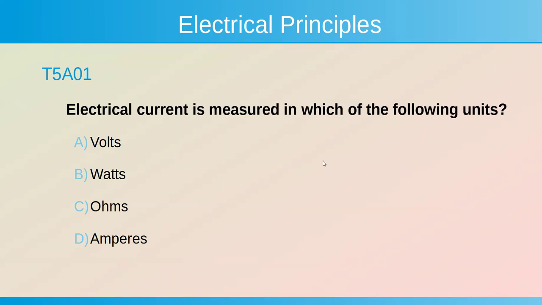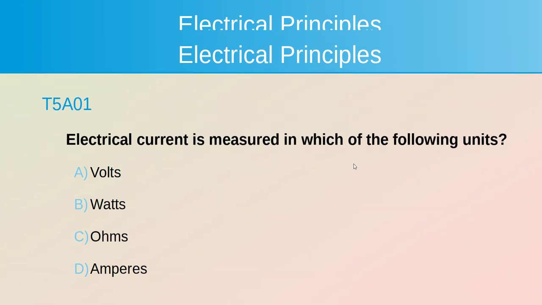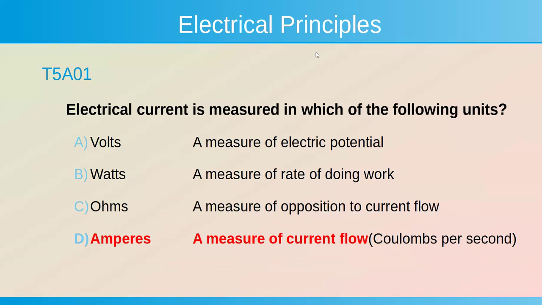Okay. Practice using the phonetic alphabet when you answer these: Alpha, Baker, Charlie, Delta. Because you'll need to learn it later on. So it's amperes, Delta. Coulombs per second, right?